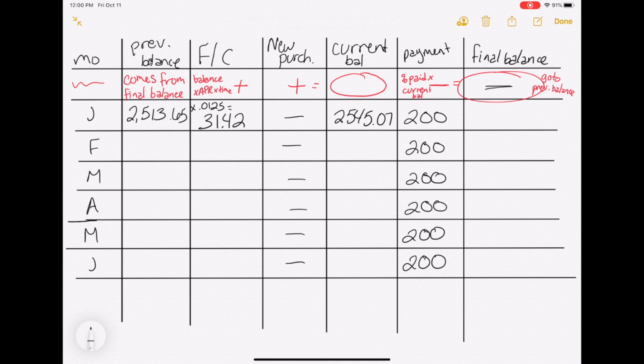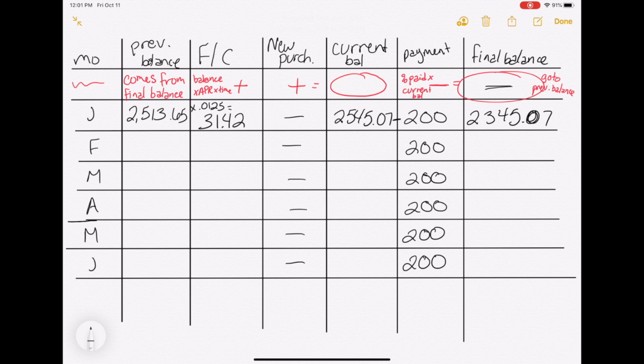Okay. Then we're going to subtract our payment to get our final balance. So we're going to get 2345.07. So she's making a pretty good dent. It's getting better because she's not having new purchases, and she's also making a pretty big payment.